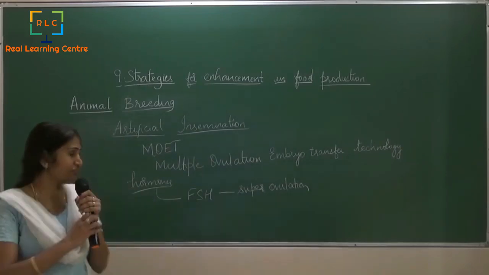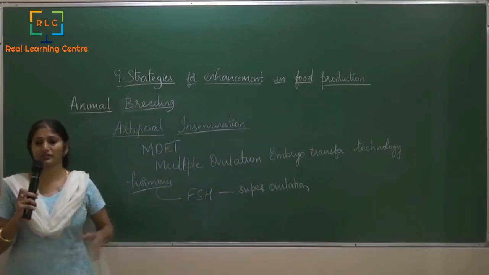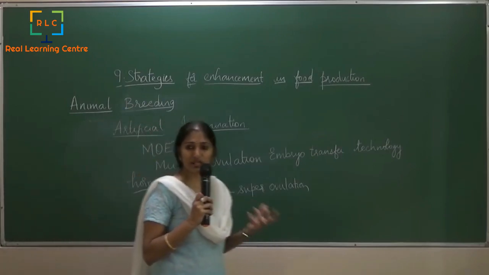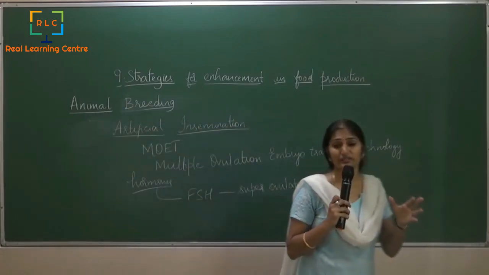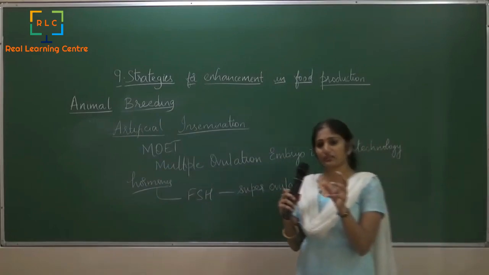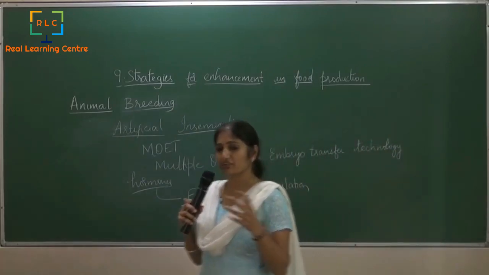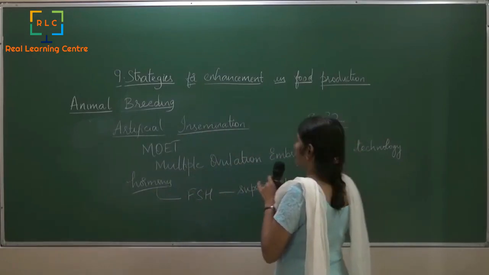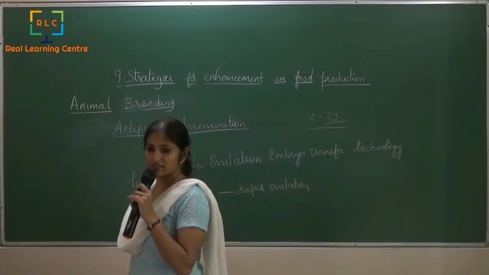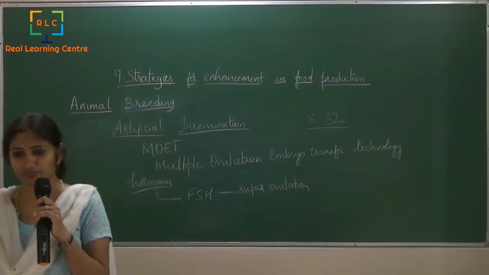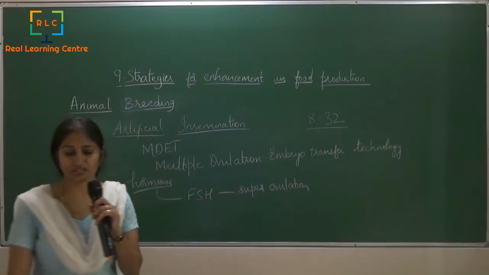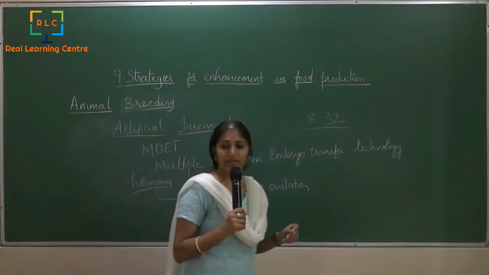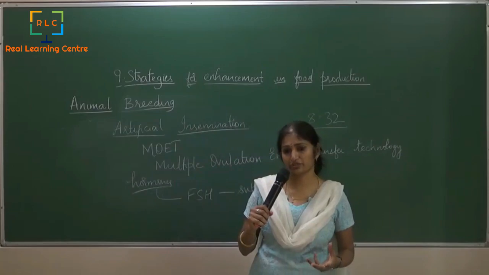After the fertilization happens inside the female reproductive system, the cell forms a zygote, and then the zygote starts dividing, until there is a stage with around 8 to 32 cells. These are collected, again non-surgically, and transferred to the surrogate mothers.